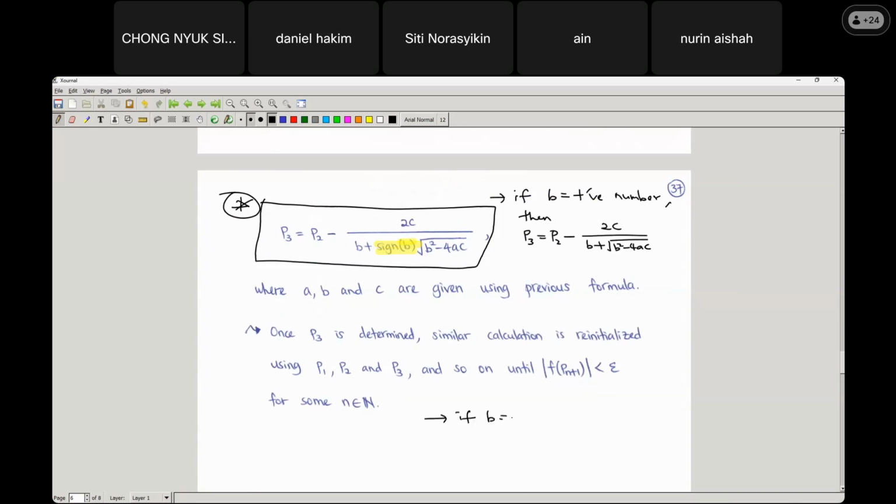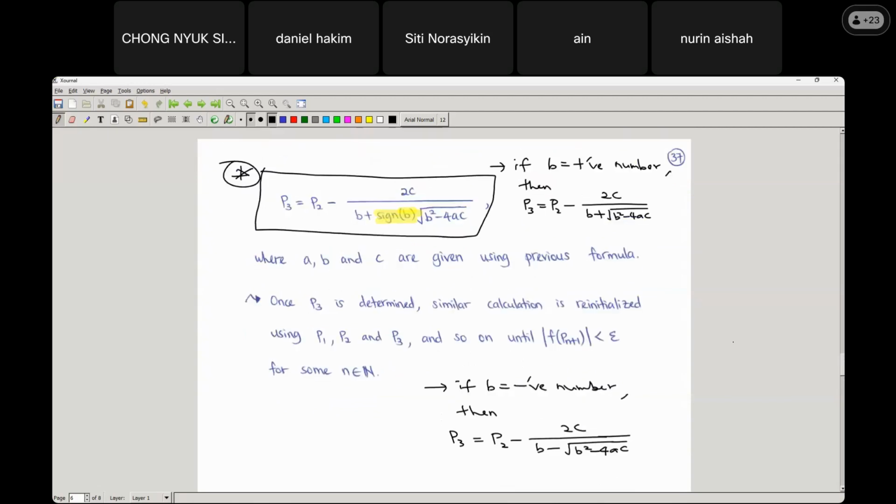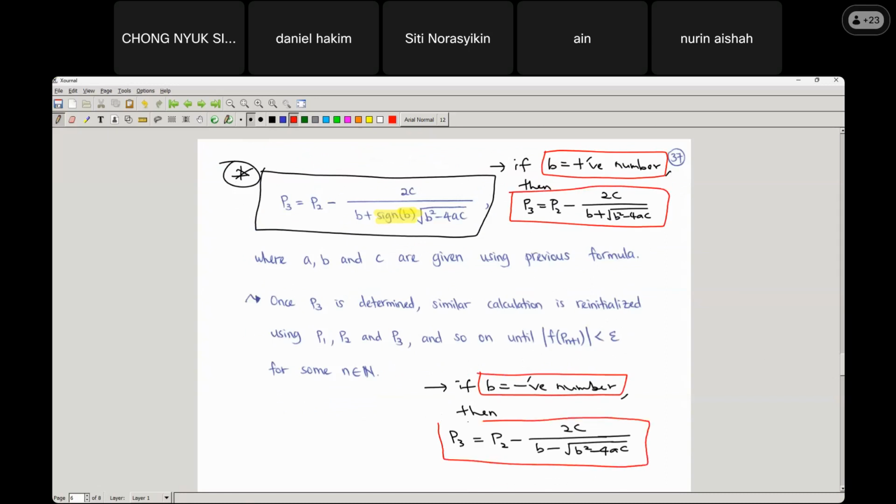If your B is a negative number, then P3 is equal to P2 minus 2C over B minus the square root of B squared minus 4AC. Let me scroll down a bit. Remember, if B is a positive number, this is the formula that you're going to use. If your B is a negative number, this is the formula that you're going to use.